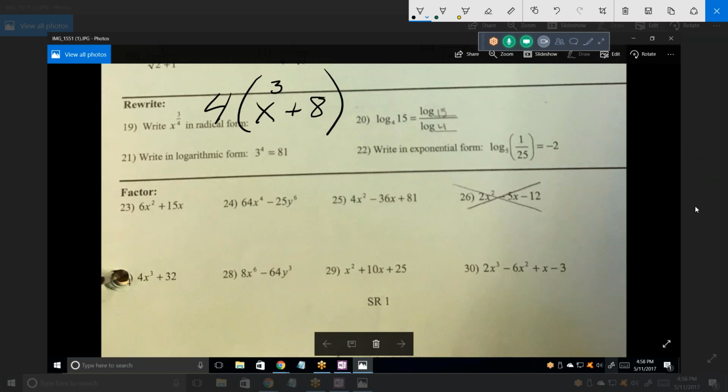Now, do you see why that is the sum of perfect cubes? 8 is a perfect cube number. It's 2 cubed. So my a is x, my b is 2. In other words, a is always the cube root of the first term, and b is always the cube root of the second when you're dealing with sum or difference of perfect cubes.